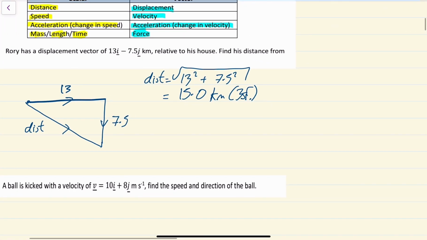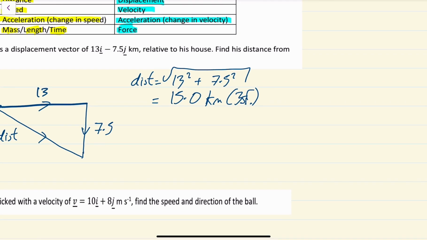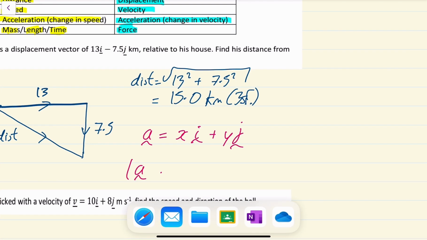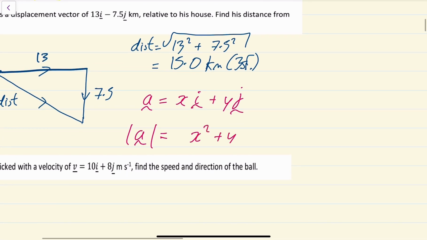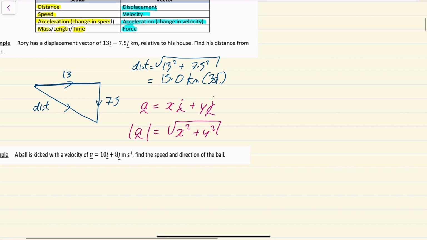Okay, right, on this, if you had a vector a equal to xi plus yj, then the modulus of a, that means the size of a, is just equal to the square root of x squared plus y squared. So in this example, we could have said our vector a was equal to 13i minus 7.5j.